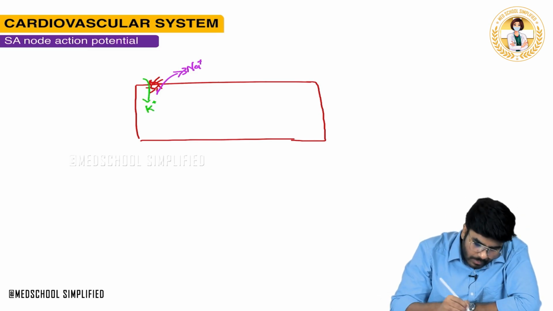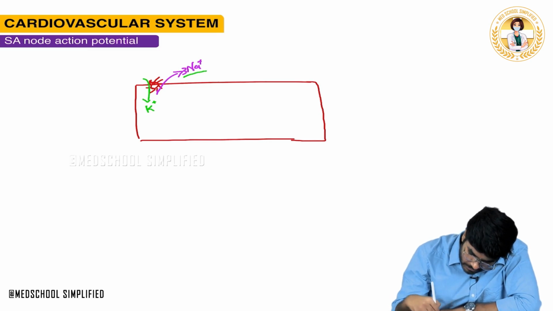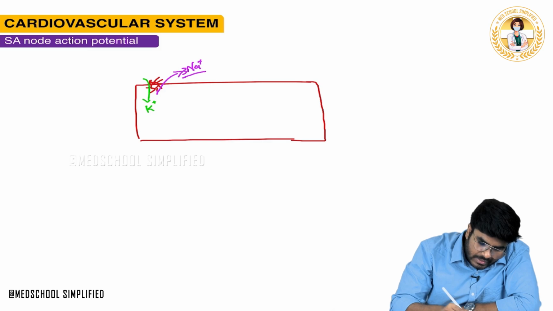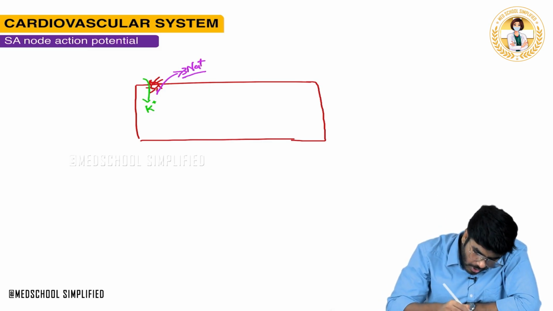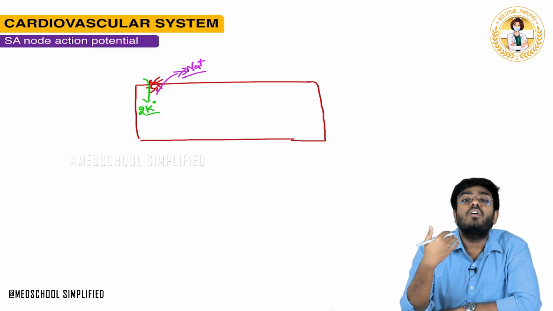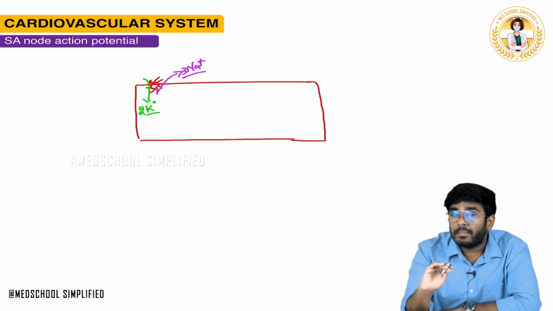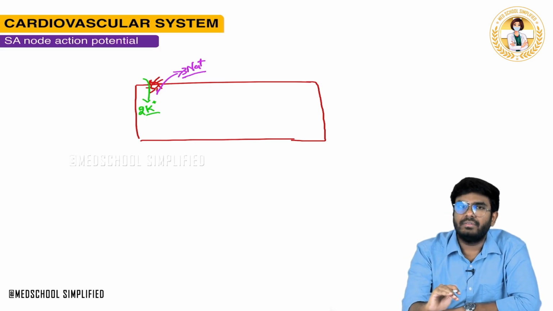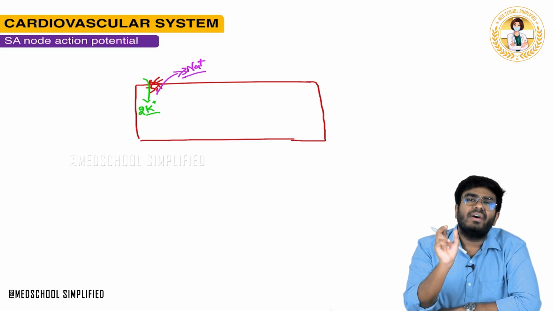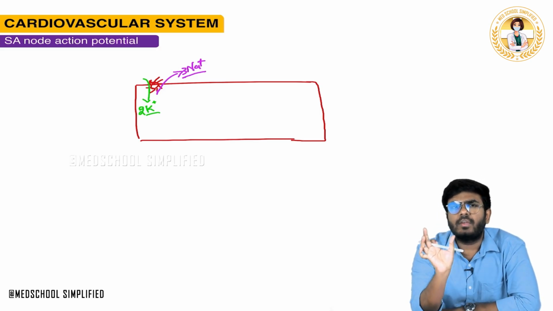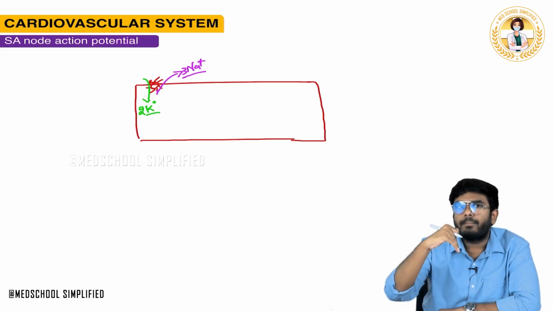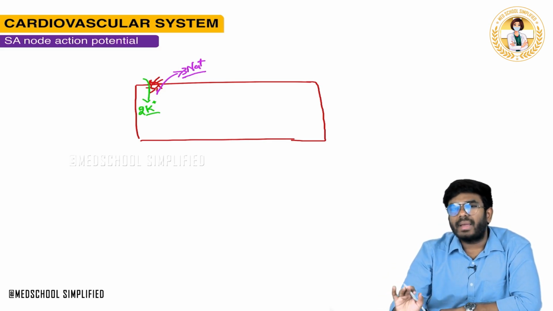More sodium is going out, so more positivity is going out. The cell is all the time losing positive ions and getting fewer positive ions in. So with more loss of positivity, the cell will become negative inside. This contributes only a very small change, only minus 5 millivolts, not minus 60.